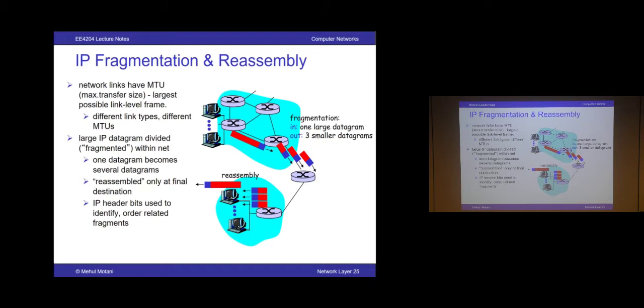So I may start off with a packet of size 1500. I transmit it and it's moving along fine. But then I'm going to enter an autonomous system for which the maximum transmission unit is 400, for whatever reason. The internet is a bunch of autonomous systems stitched together, but I have to follow the rules of that autonomous system.